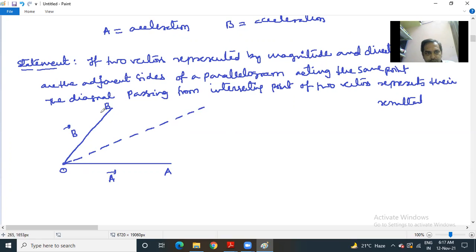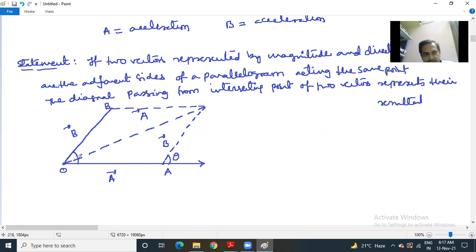Now you draw a vector which is parallel to B. So this is vector B, and this is vector A. At this point A is still acting in this direction, so B makes an angle theta with the x-axis.